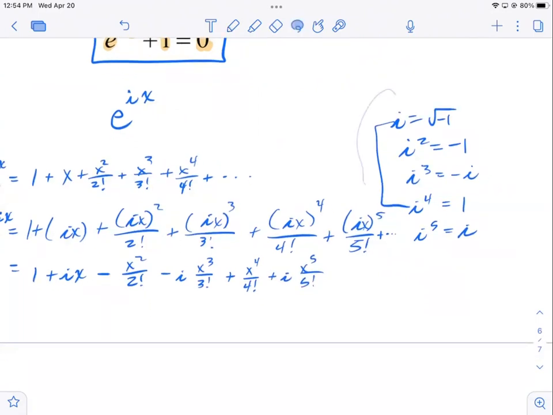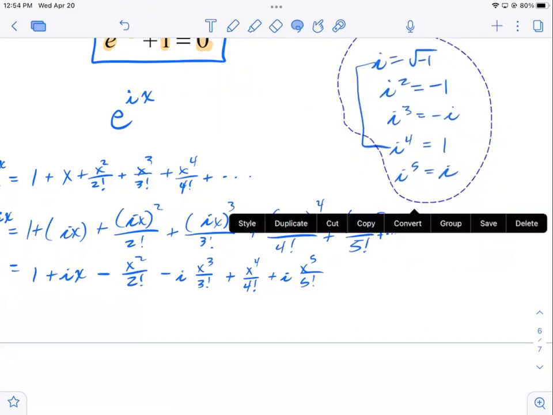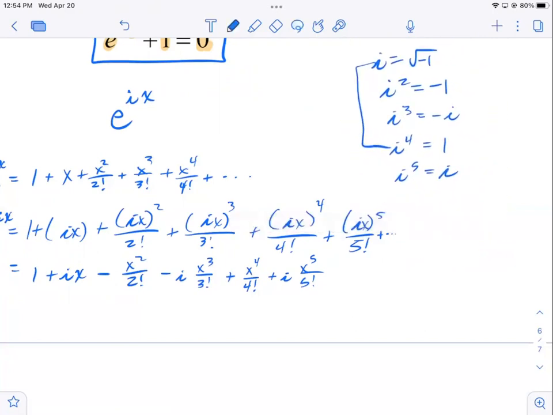Let's do a couple more terms: plus i x to the 6th over 6 factorial, and one more, plus i x to the 7th over 7 factorial, plus dot, dot, dot.